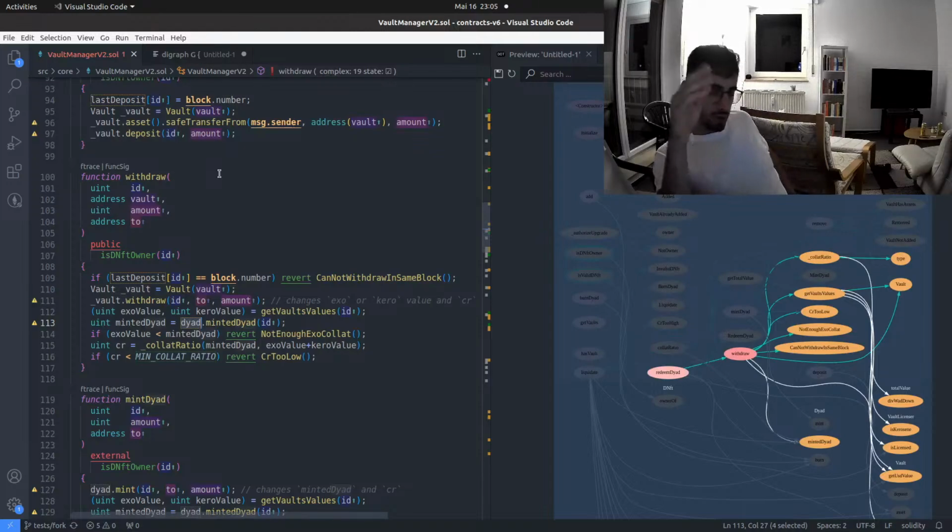So we withdraw some collateral, you know. Okay. Let's think about it. We withdraw some collateral. So our collateralization ratio goes down.